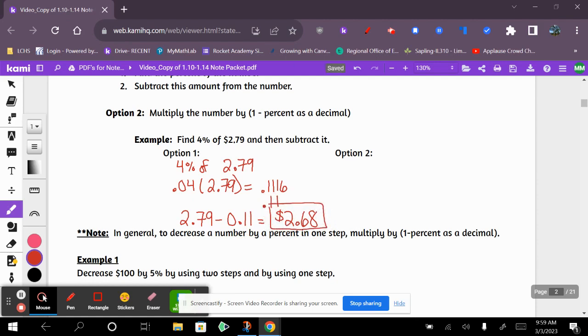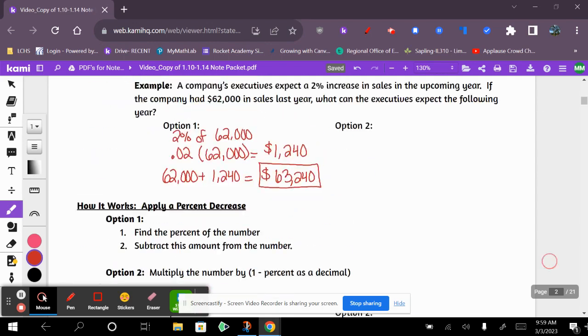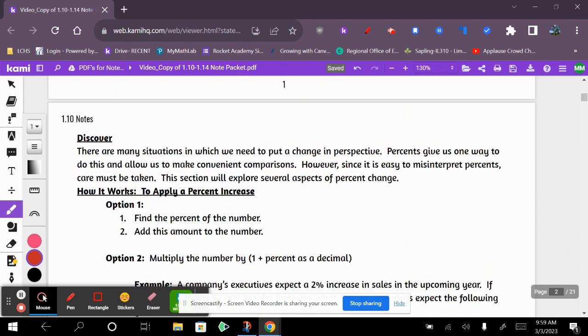Okay, to do it the other option, we're going to be looking at what are called multipliers. So go ahead and add this to the top of your paper, multipliers. Multipliers help you save steps when you're trying to find the percent, apply a percent increase or apply a percent decrease.